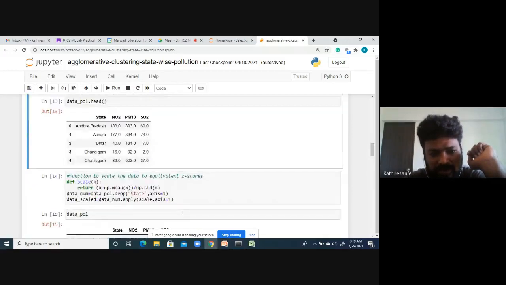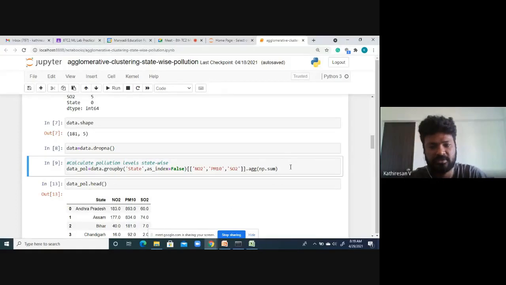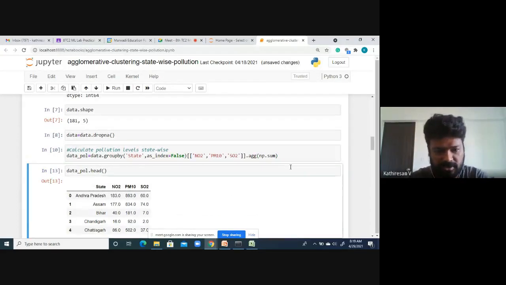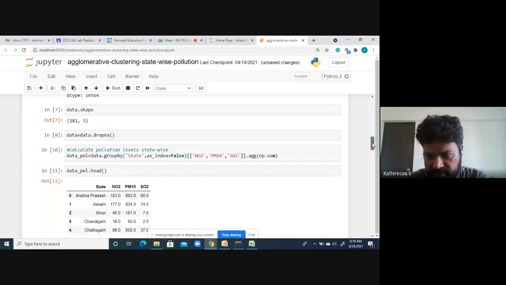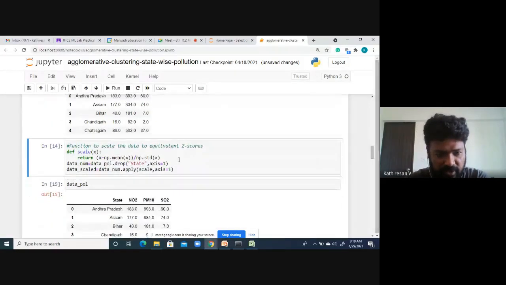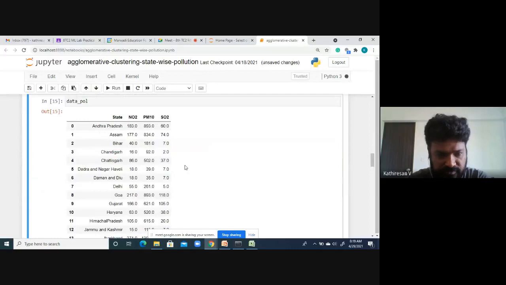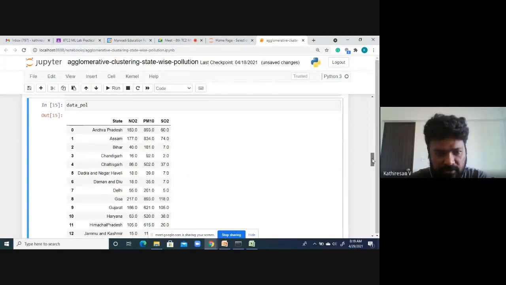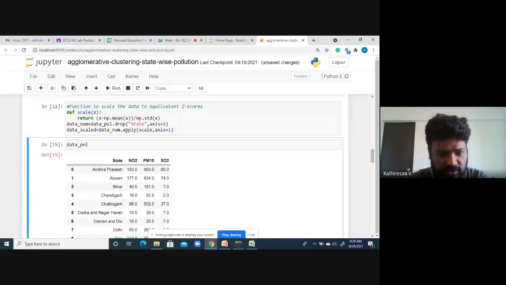So that has been performed. This is the major operation which we are having here, and that is how the data is displayed.